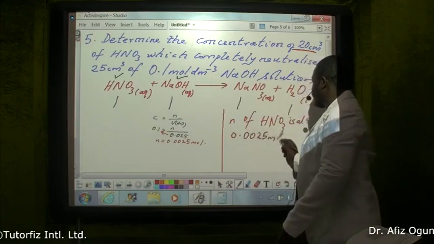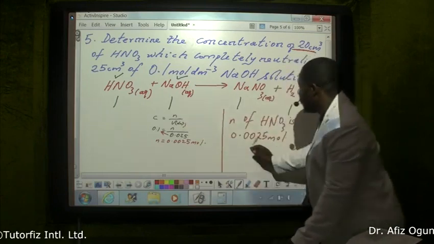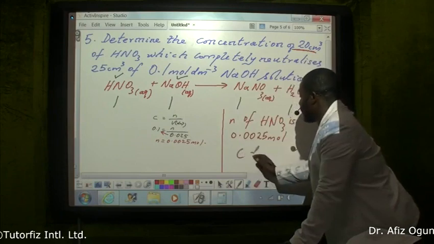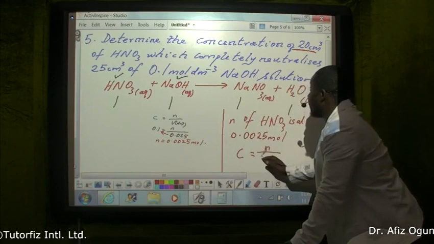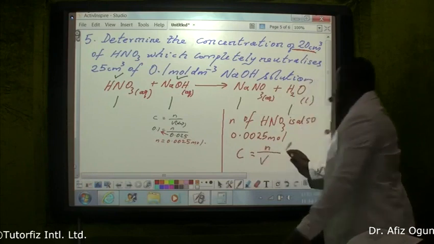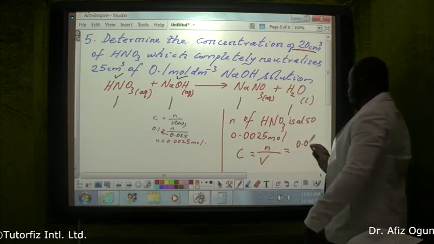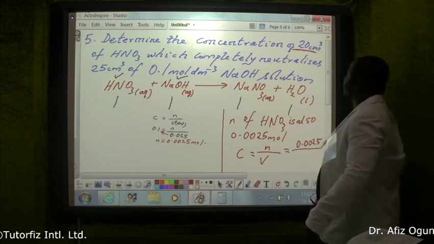0.0025 mole. So I now use the same formula I used here, which is concentration, which I'm looking for, equals number of mole, which I know now, divided by volume, which I also know. So what is the number of mole? 0.0025. What is the volume now?